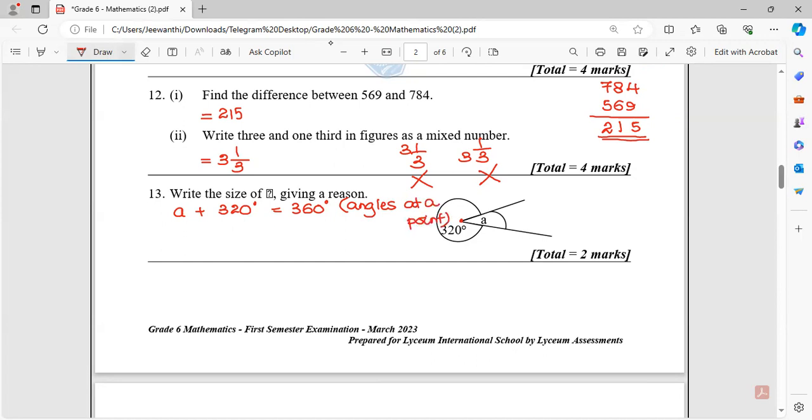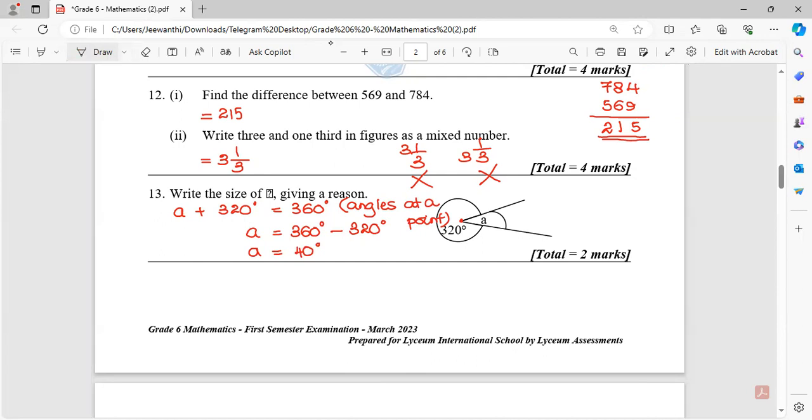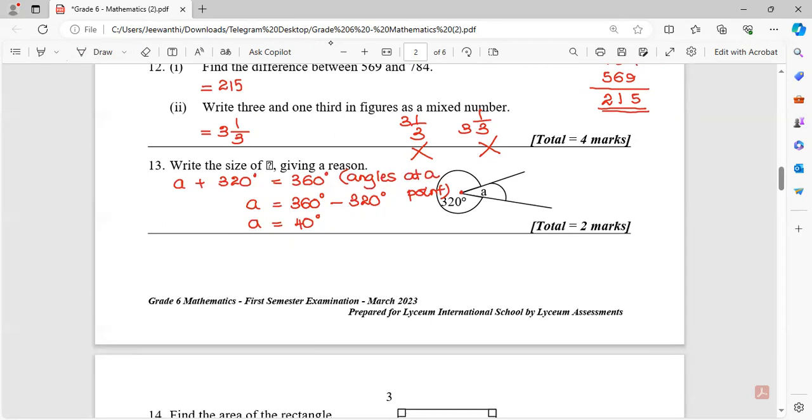You want to write the reason. So then A is equal to 360 degrees minus 320 degrees. A is equal to 40 degrees. Okay. A is equal to 40 degrees.